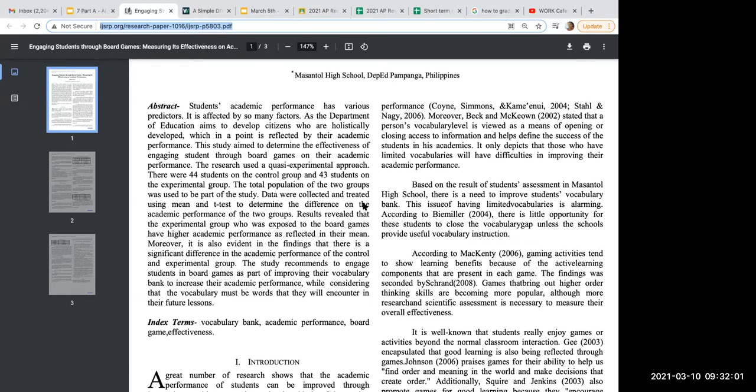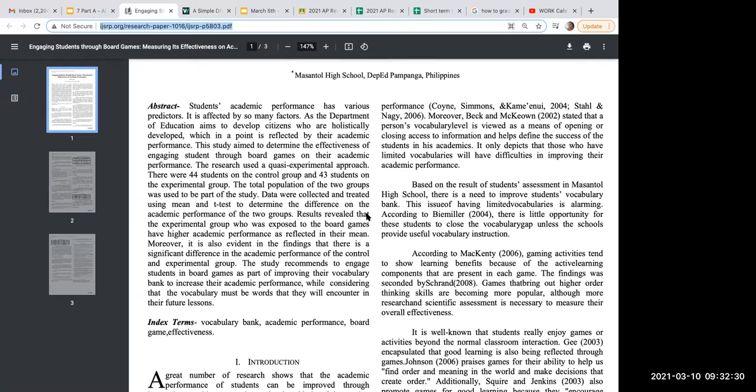Moreover, it is also evident in the findings that there is a significant difference in the academic performance of the control and experimental group. The study recommends to engage students in board games as part of improving their vocabulary bank to increase their academic performance, while considering that the vocabulary must be words that they will encounter in their future lessons.